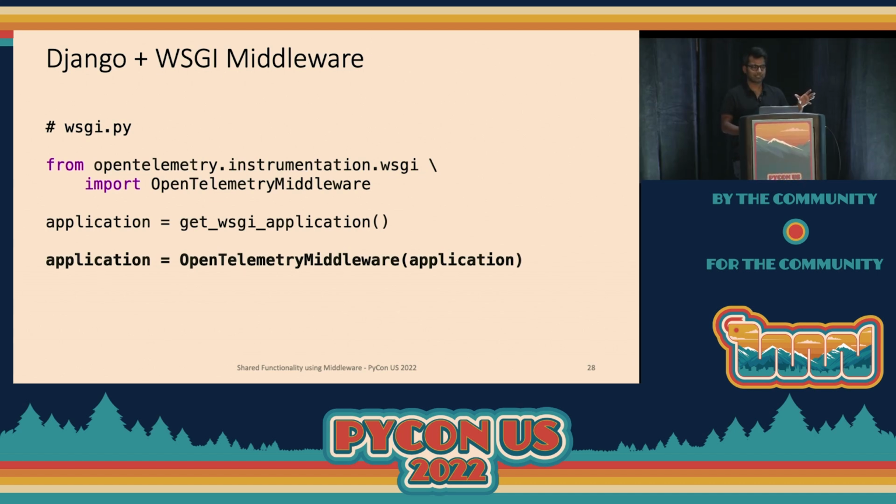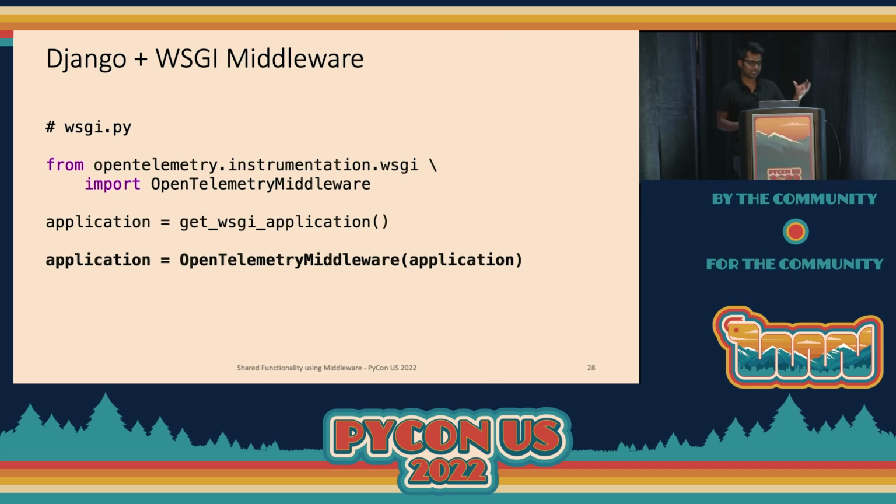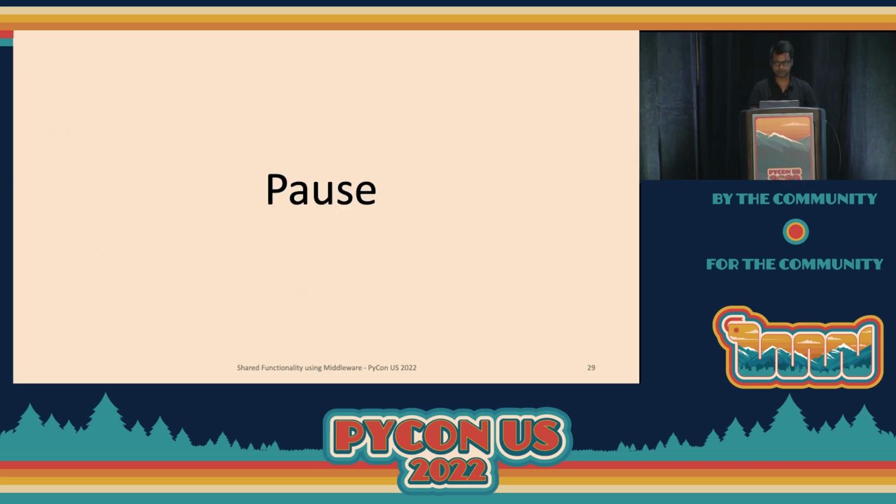Remember when I said that frameworks abstract a lot of these things, but somewhere in there is a WSGI application, so this is the WSGI application. The way we use the OpenTelemetry middleware looks similar to Flask. We create an OpenTelemetry middleware object, we pass the original WSGI application, and then we update the value of the application, which is the module level variable, to that object. And that's all you need to use WSGI middleware.